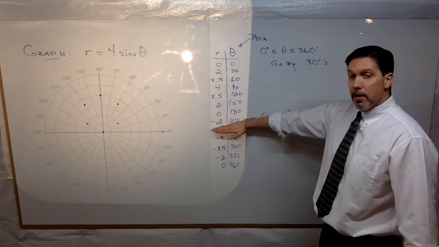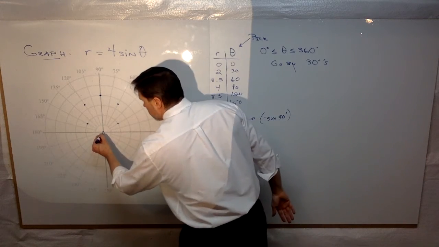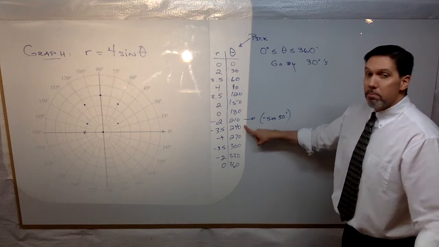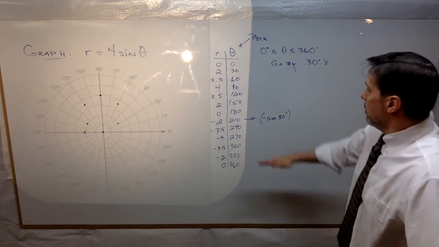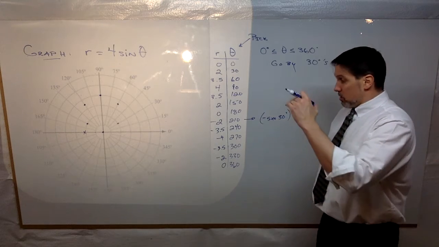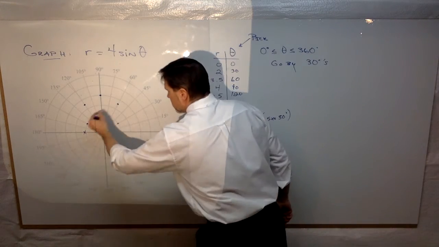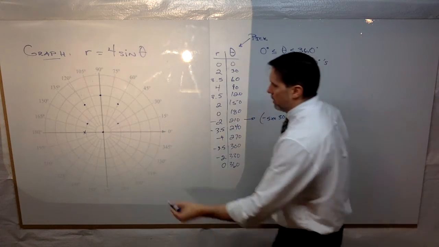So if I go further, say, okay, let's plot -2, 210. All it's going to do is make my life miserable, because now I have to go -2, 210 is a counterclockwise direction. So counterclockwise, this is the way of the clock. This is counterclockwise. I've got to think, where's 210?